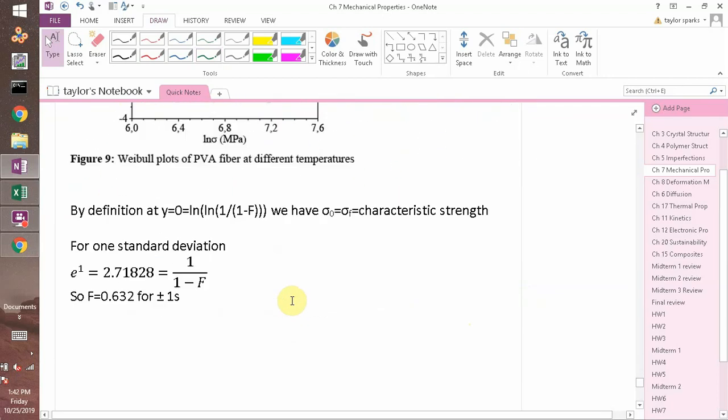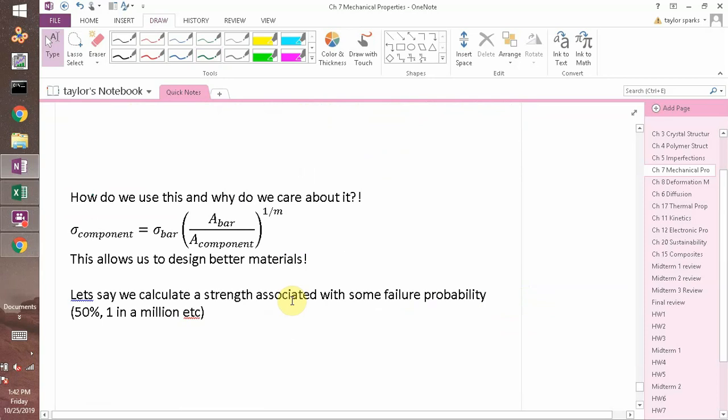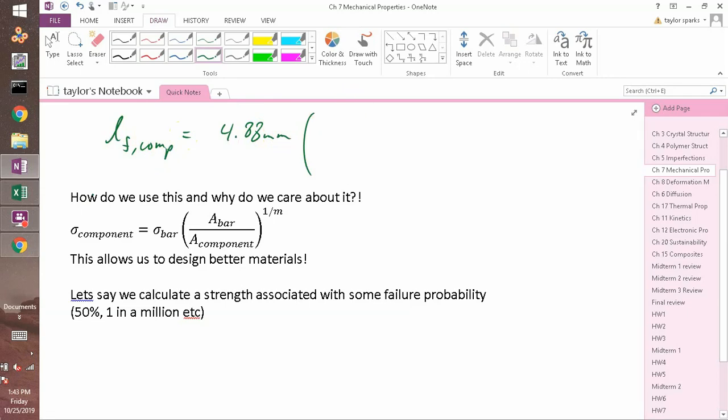Okay, let's plug it in. We'd say, okay, the length of failure for our component is going to be equal to 4.88 millimeters multiplied by the difference in effective area of the bar and the component. We said it's 1 to 100.